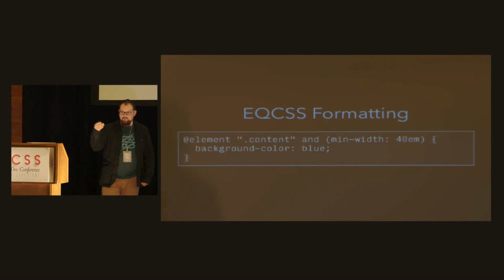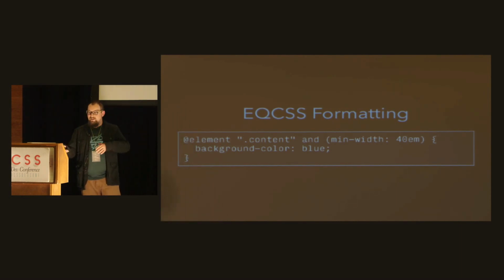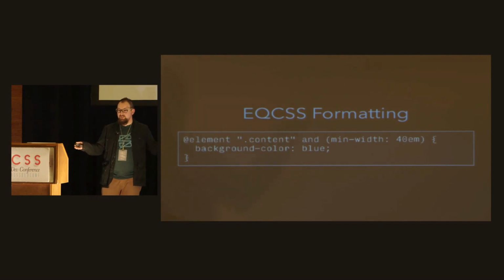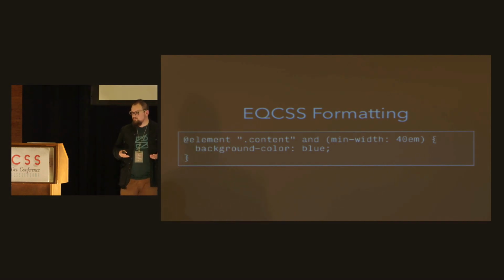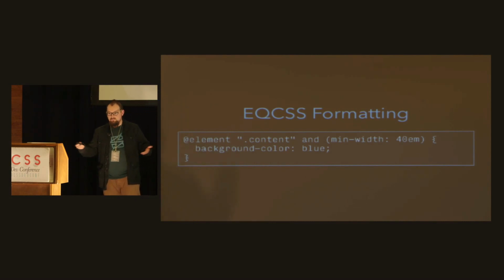This is what you would put in your CSS, and then their JavaScript would read through the CSS and look for this @element. So you'd have @element, then your selector, in this case a class of content, and then whatever the width is that you want to watch for. So you want a min-width of 40em to change the background to blue, in this case.